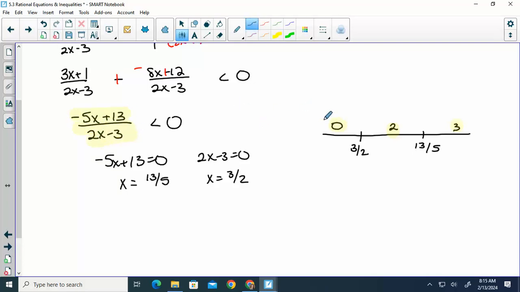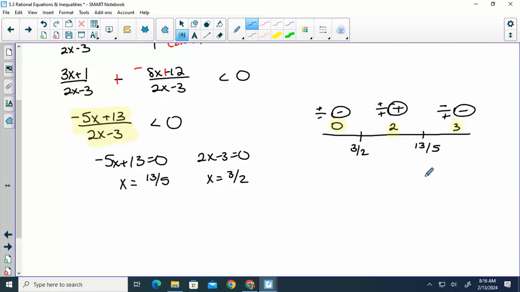So if we put in 0, we get positive over a negative, which is negative. Put in a 2, and we get a positive over a positive, so that's positive. Put in a 3, we get a negative over a positive, which is negative.